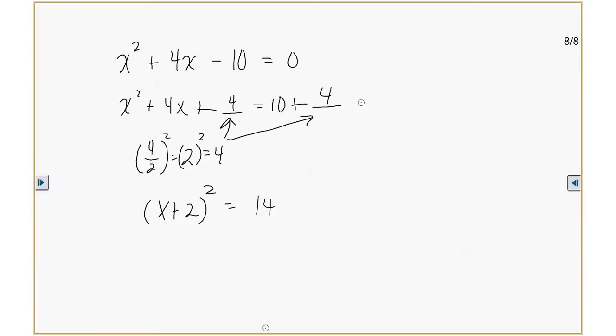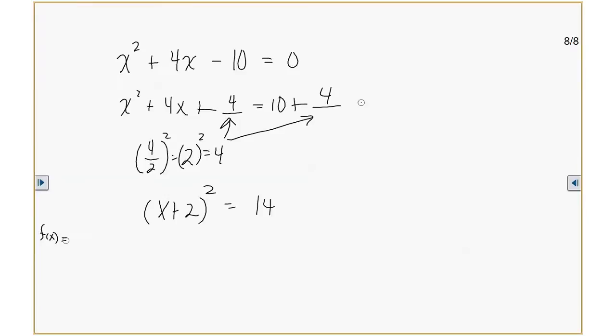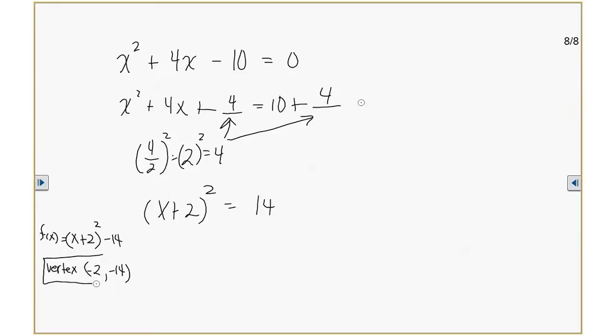So here we can write f of x is equal to x plus 2 quantity squared minus 14, or the vertex is negative 2, negative 14. This is what I test you. This is just for your book, the homework, and your test. They're going to ask you for that. Solve.